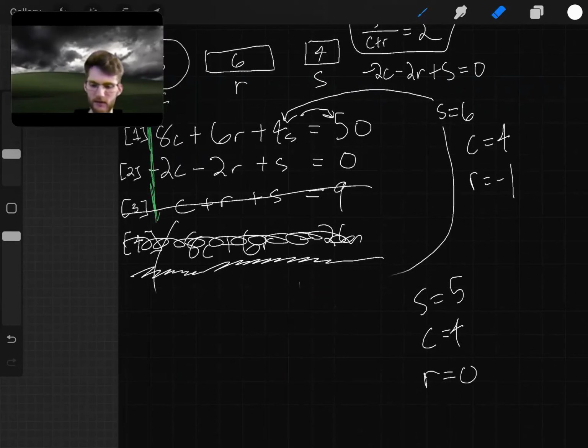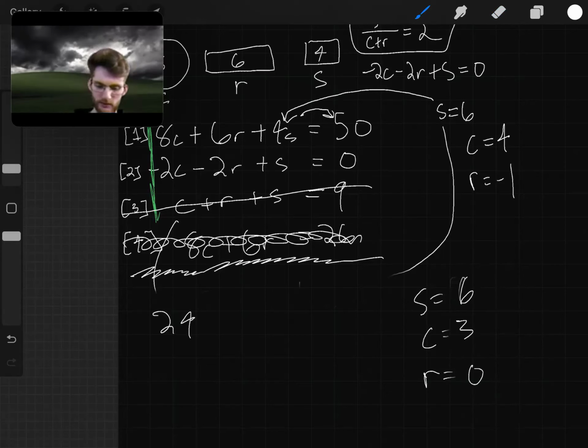Alternatively, I previously had this solution 6 or -1. What if I just add 1 here and then I subtract 1 here? So that my final answer is then 6, 3, 0.